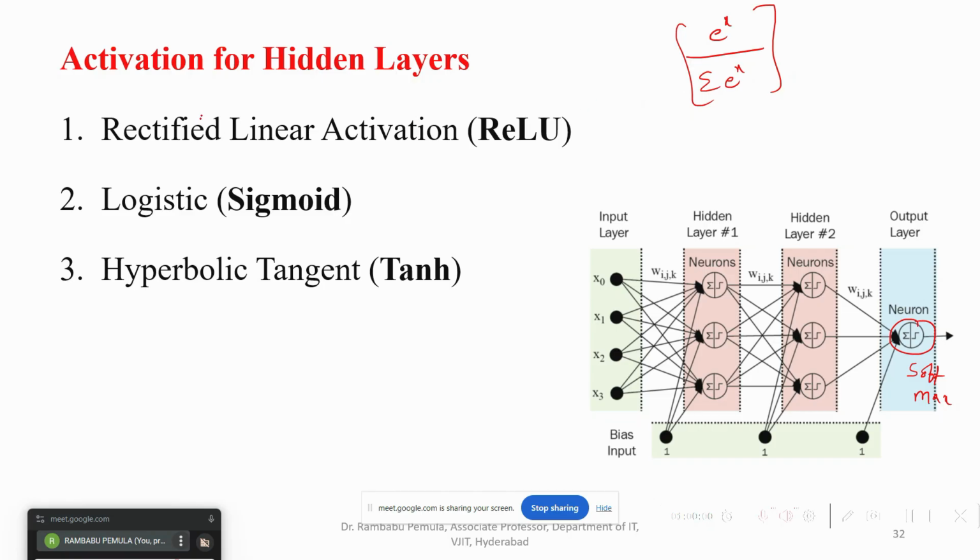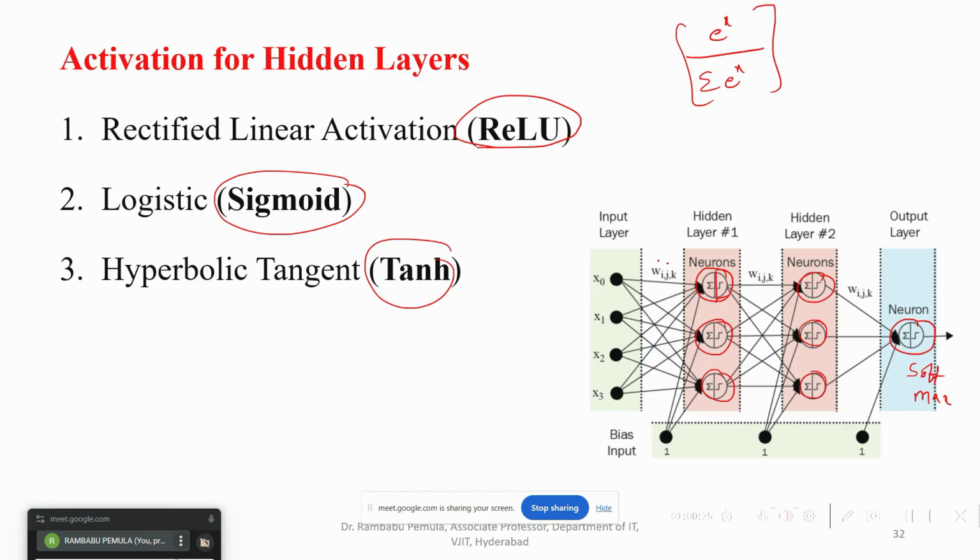Normally, in the hidden layers, we are going to use ReLU, Sigmoid, or Tanh as the activation function. You can use any one of them in the hidden layers. This is one hidden layer, having 3 neurons. Hidden layer 2 also has 3 neurons.